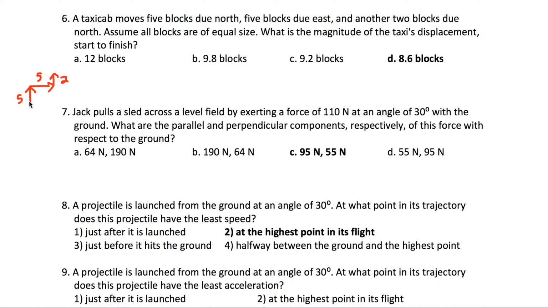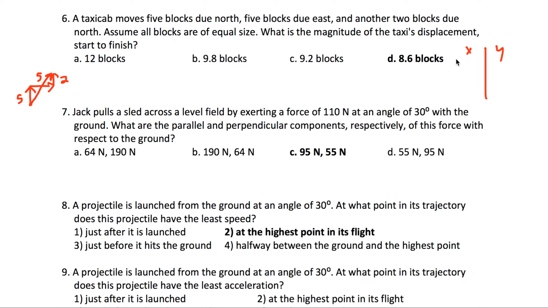So if we drew it, it would be a vector going from where we started all the way up here to where we ended. To find this resultant, we need to know the x and the y components. From this one, you don't really have to write it all out, separating the x and y.